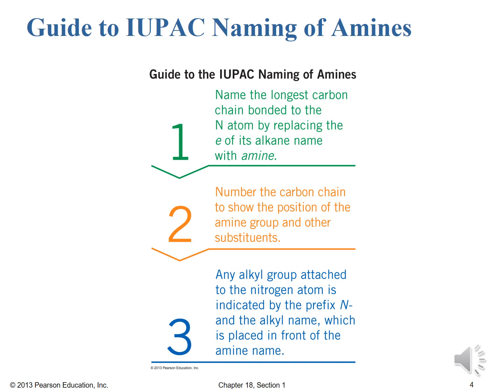Second, we'll number the carbon chain to show the position of the amine group and any other substituents that might be relevant. And then finally, any alkyl group attached to the nitrogen atom is indicated by the prefix N, and then a hyphen, and then the alkyl substituent's name, which is placed in front of the amine name. So that's how we know that it's a nitrogen bonded methyl group, for instance, as opposed to a regular methyl group on a different part of the chain.